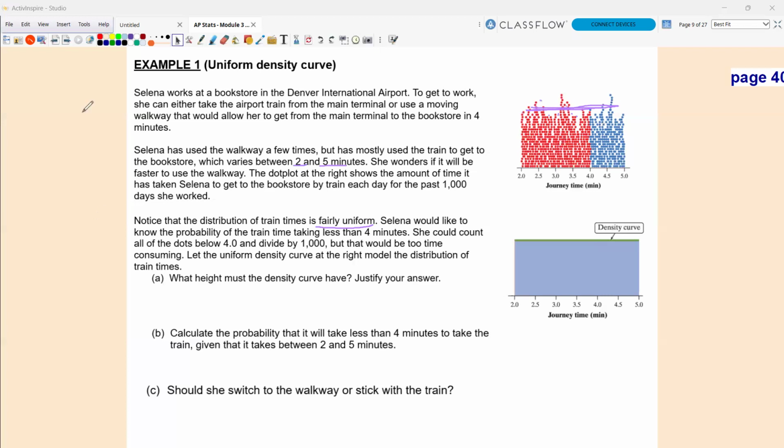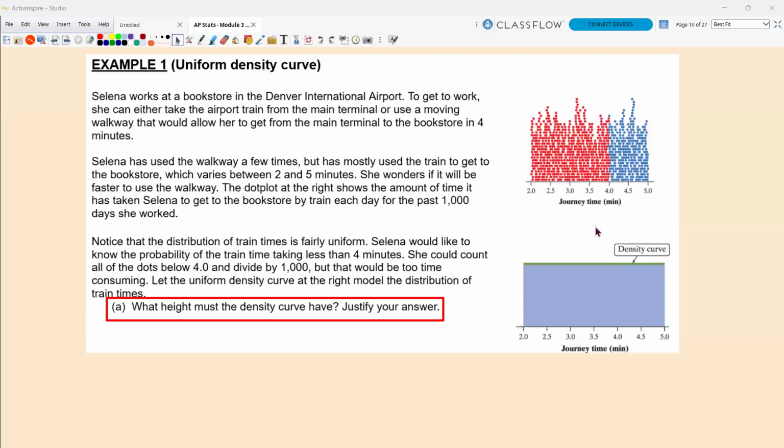There are a couple of things with a density curve like this that's uniform. The first thing to realize is it really just forms the shape of a rectangle. A rectangle is always going to have an area, and that area is going to be length times width, or we could also say base times height. Since we know the area must be 100% of the data, that area is going to be one, so the height is limited to whatever makes up for the base.